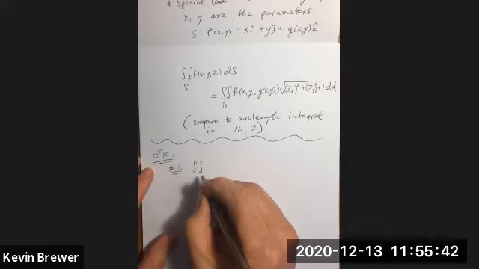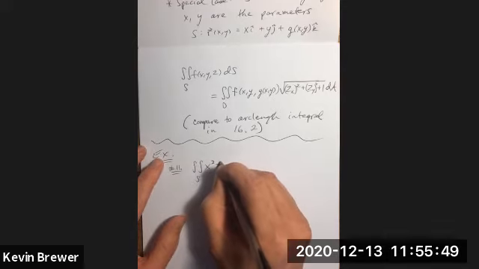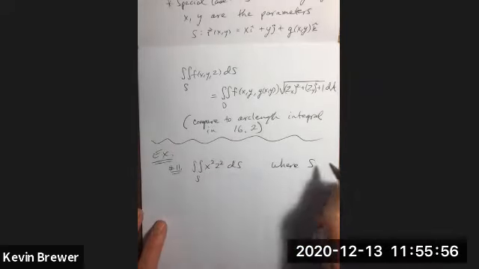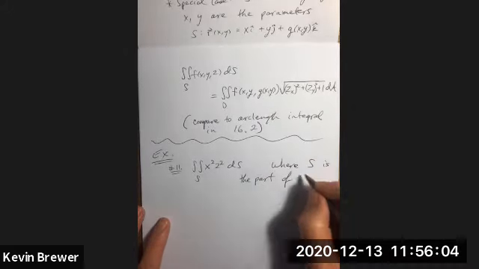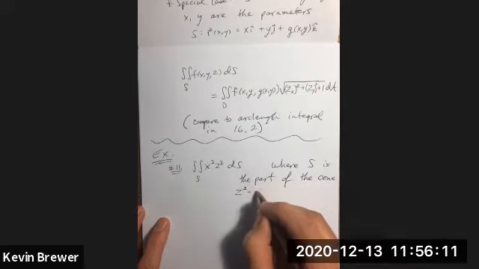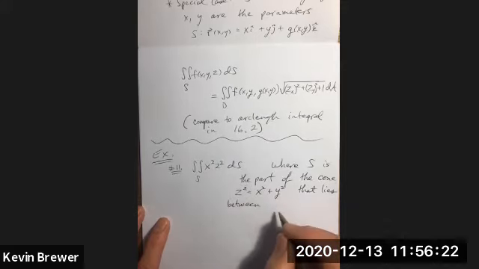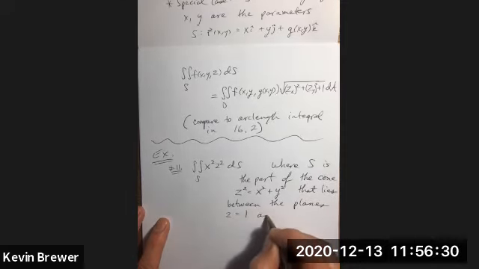We're asked to evaluate the double integral over S of x squared z squared dS, where S is the part of the cone z squared equals x squared plus y squared that lies between the planes z equals 1 and z equals 3.